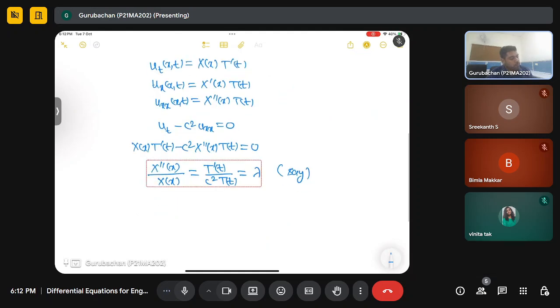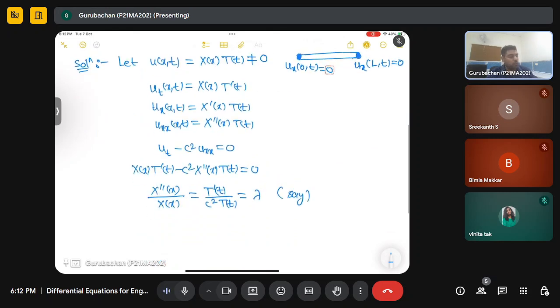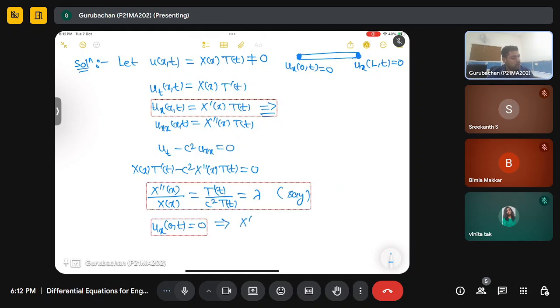So we have the boundary conditions ux(0,t) is 0 and ux(L,t) is 0. From here you can observe ux(0,t) is 0, meaning X'(0)T(t) is 0.